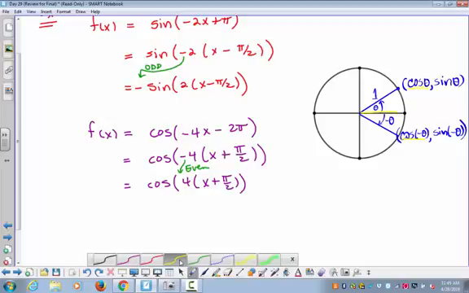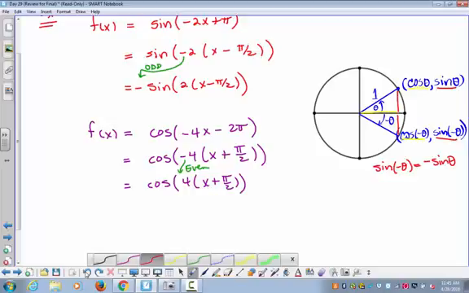If we look at sine of theta and sine of minus theta, sine of minus theta is the same magnitude as sine theta, but there's a minus out in front because it's going down instead of up.